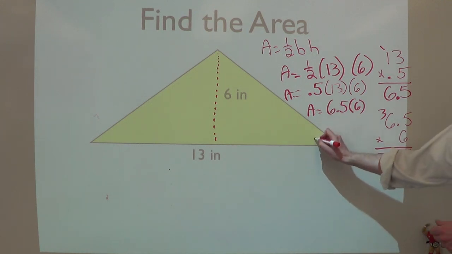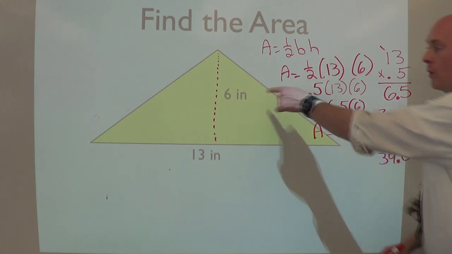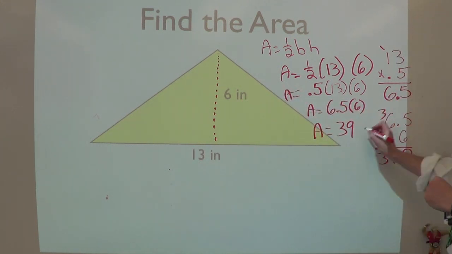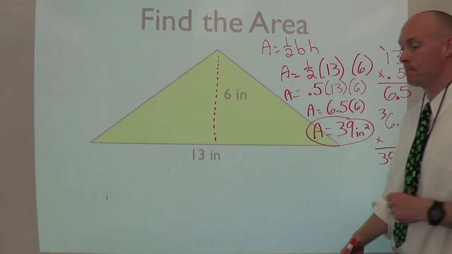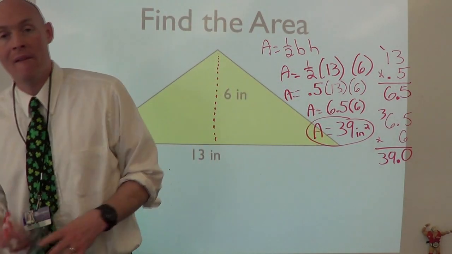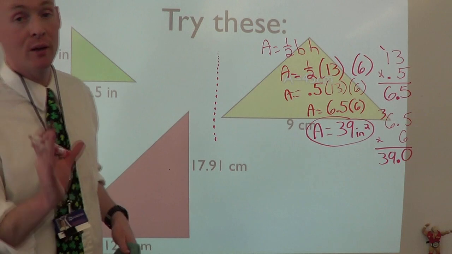So I have my area equals 39. What's my unit? My unit's inches. 39 inches squared. Perfect. Remember that formula, because I have 3 triangles for you to solve.